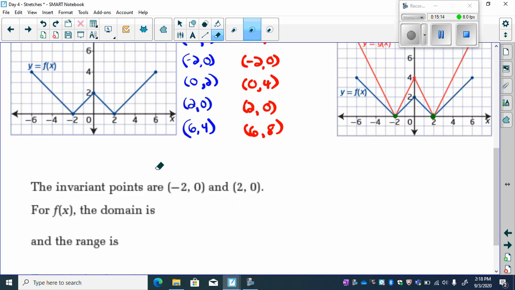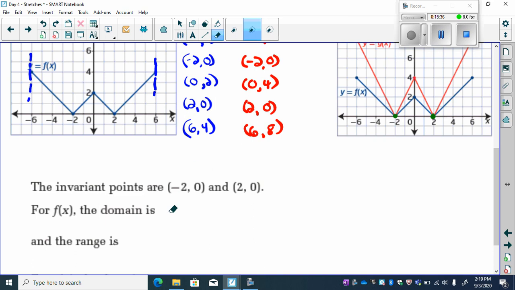For f of x, the domain is, now be careful, f of x, that's this guy. Domain, we're talking about the x values, so there's no arrow on this end and there's no arrow on this end. So using set notation, you would go between negative 6 and positive 6. So we would write x is greater than or equal to negative 6, but less than or equal to positive 6.